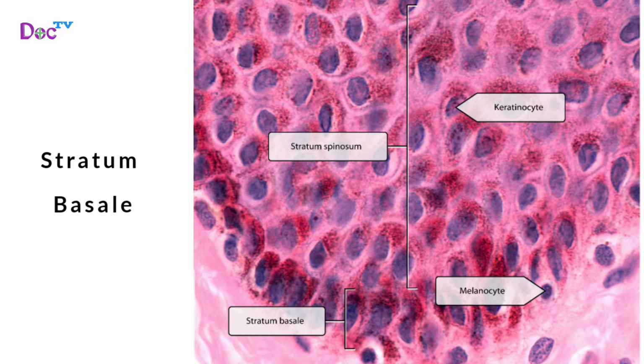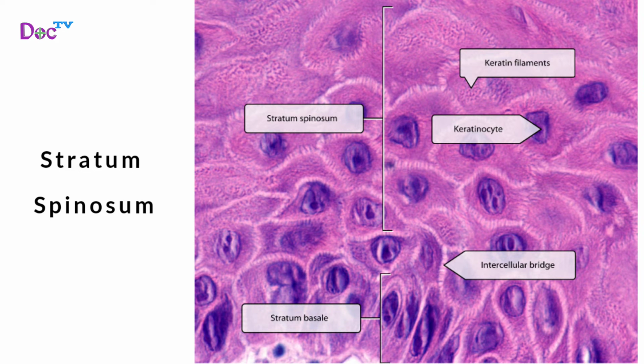Its melanocytes branch through the other layers to connect with keratinocytes, and they produce the pigment melanin, which determines skin color. Its Merkel cells are associated with sensory nerve endings and are most abundant in sensitive skin, like in the fingertips, and detect light touch.